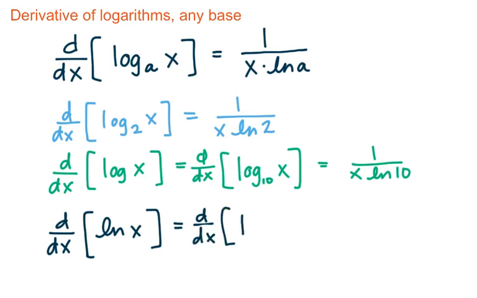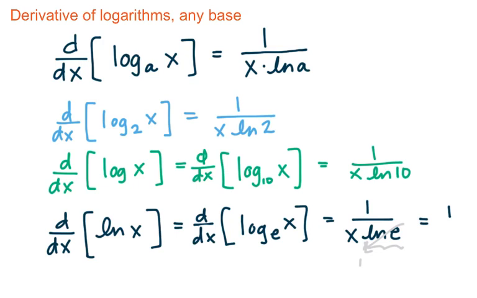So this is the same as writing log base e of x. Applying our rule, that would be 1 over x times the natural log of e. However, when the base and the argument are the same, that logarithm equals 1. So our answer here is 1 over x.